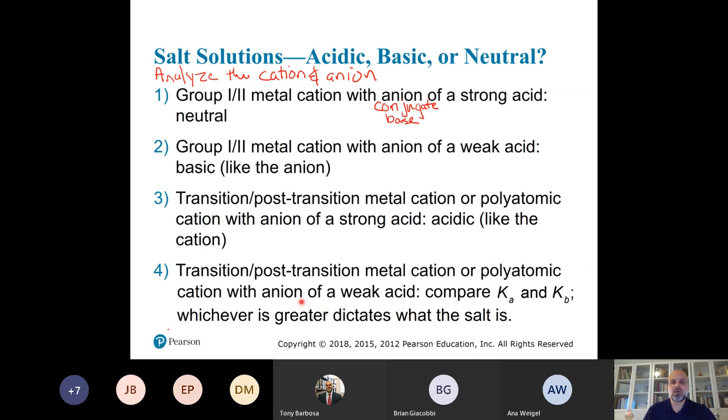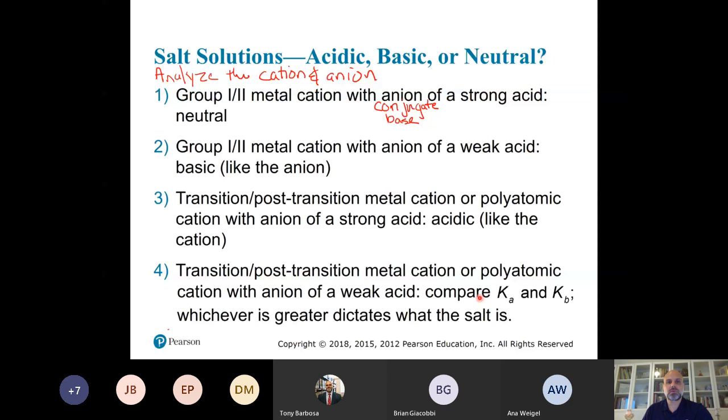So you have opposing forces going on here. One wants to produce an acid, the other wants to produce a base. In order to figure out which wins, we have to compare the Ka and the Kb. What's the Ka of the polyatomic cation or the transition metal? Or what's the Kb of the conjugate base of that weak acid? Whichever one is greater is going to dictate whether it's an acidic or a basic solution.